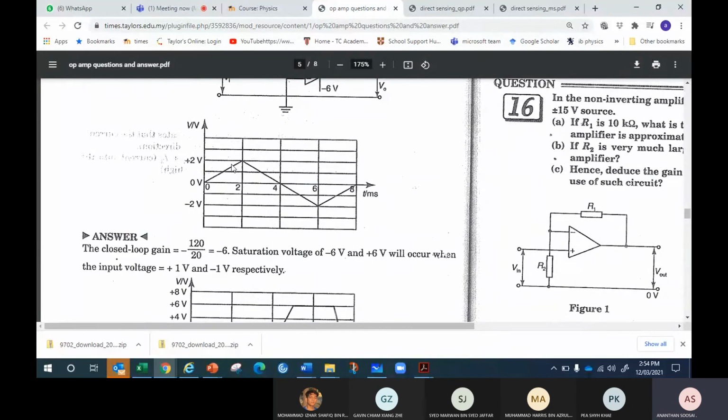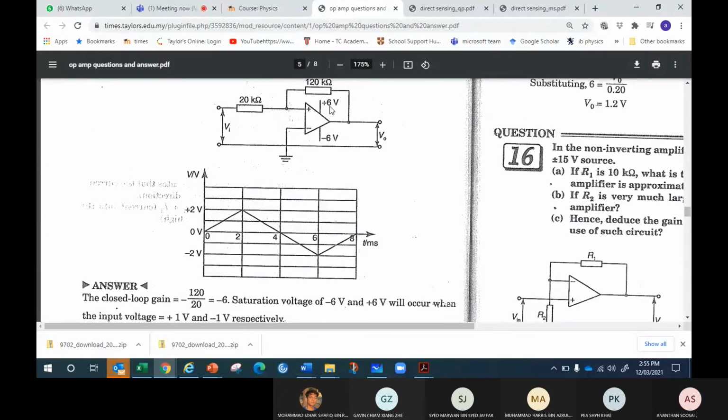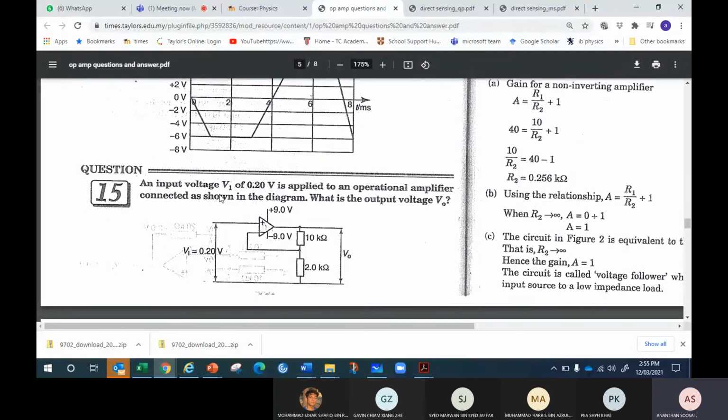That means this 2 is going to become 2 times negative 6, which is negative 12. So the peak is going to be negative 12 like this. But again, the power supply is only positive 6, negative 6. So it's supposed to go up to negative 12, but it is cut off at negative 6.